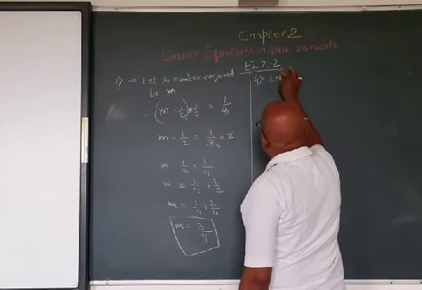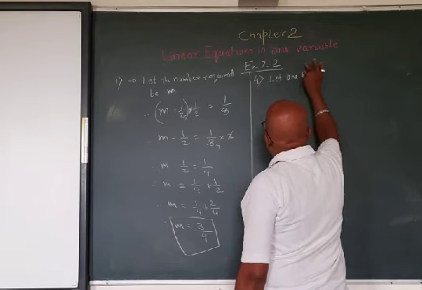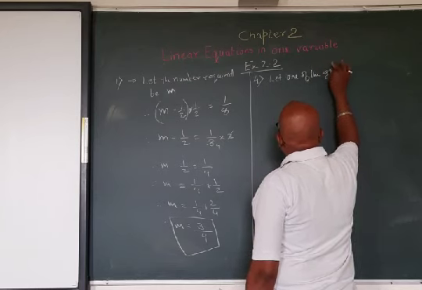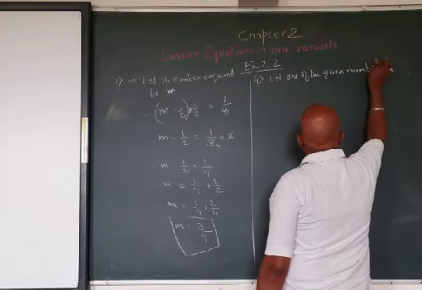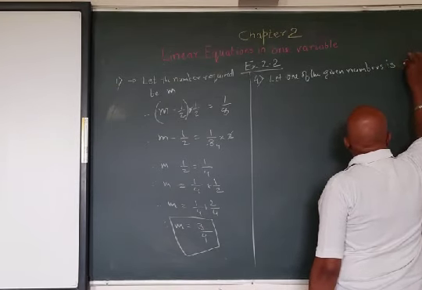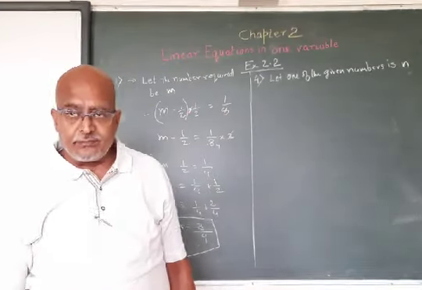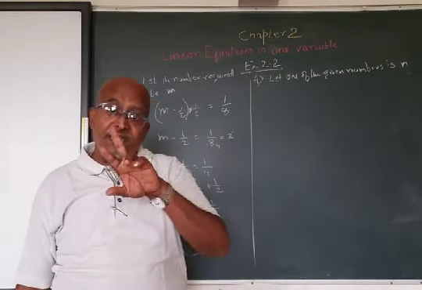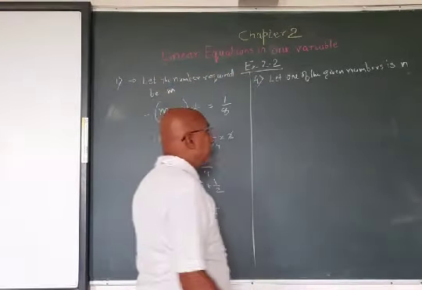Let one of the given numbers be n. Now n is that number. Now the sum of the two numbers is 95 and one exceeds the other by 15. Exceed means more.